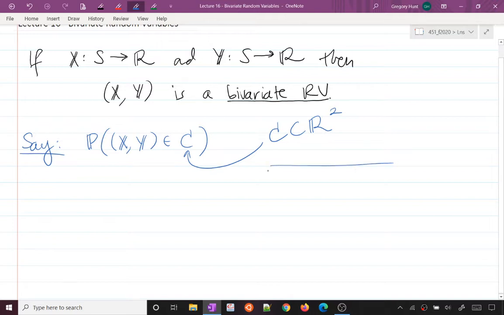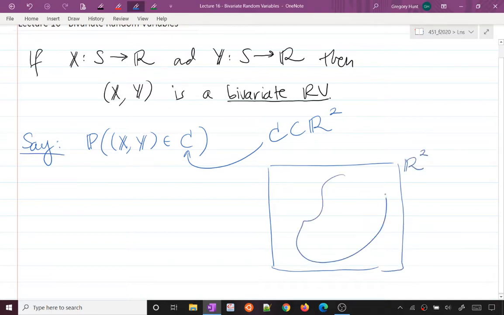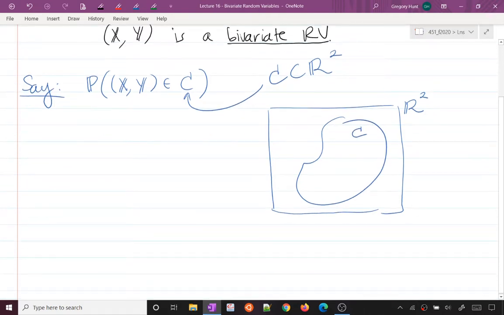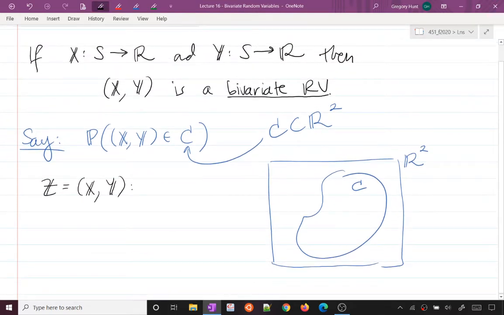So the picture you might have in your head is we have this plane here, which is R^2, and we have some set in there, which is C, and you can think of (X, Y) instead as some random variable Z, and this would be, instead of a function from S to the real line, a function from S to the plane.